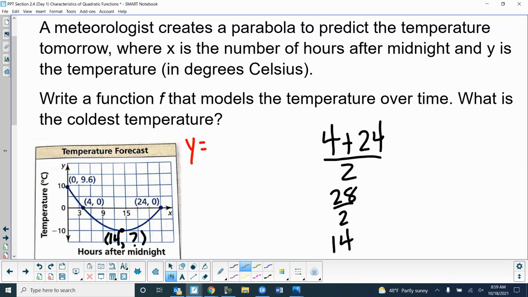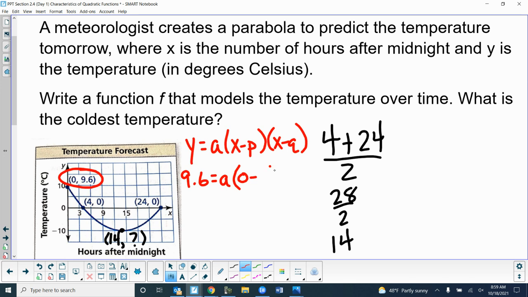All right, y equals a, x minus p, x minus q. All right, so we're going to use this point for x and y. So 9.6 for y. We're going to use 0 for x. And then remember, 4 and 24 is our p and our q. You with me?